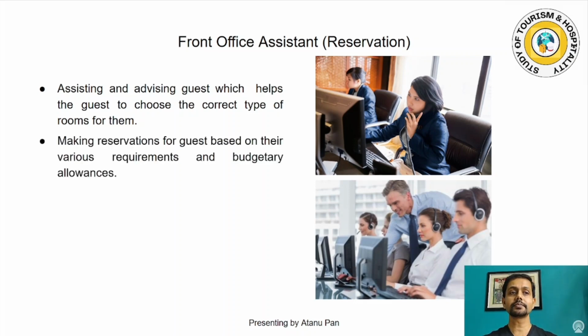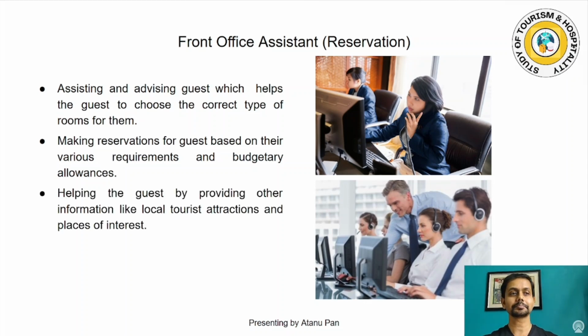Making reservations for guests based on their various requirements and budgetary allowance. As per the guest's budget and choice, this reservation assistant can assist with the correct type of room. Also helping the guest by providing information like local tourist attractions and places of interest.